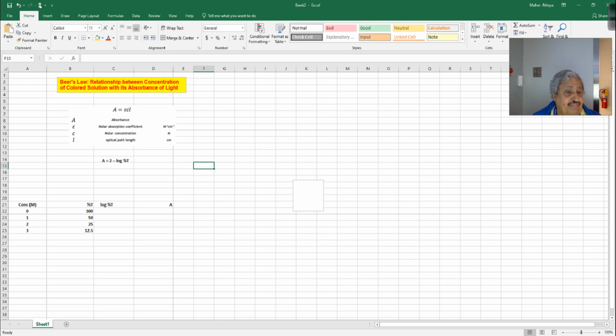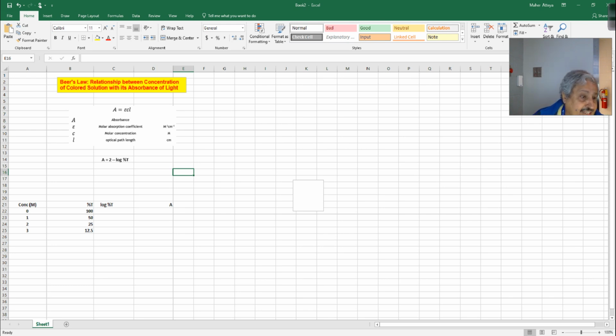So now we have the relationship between the absorbance of a color solution of the light depending on its concentration. And you will see the higher the concentration of this color solution, the higher its absorbance. It will absorb more light.